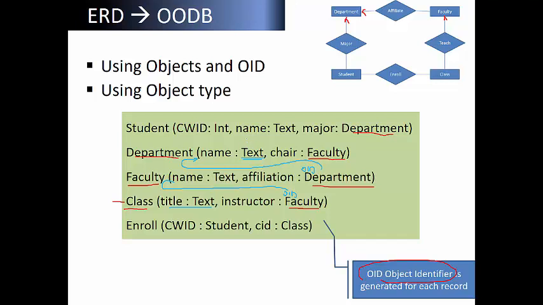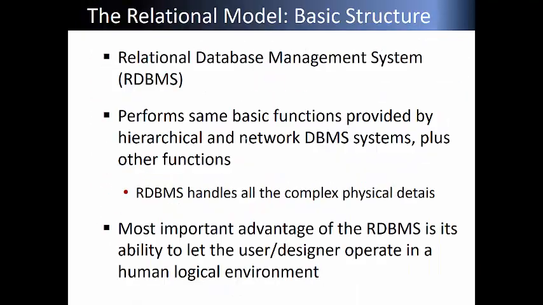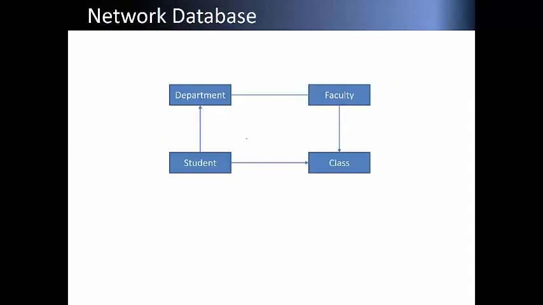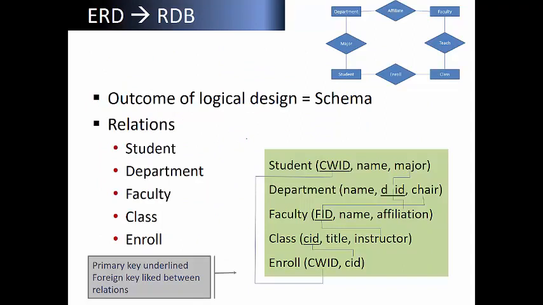If it is not the object-oriented case, what should we do for the same query? Then we need multiple joins. I need to join class, because class has an instructor, and the instructor is nothing but a faculty ID.